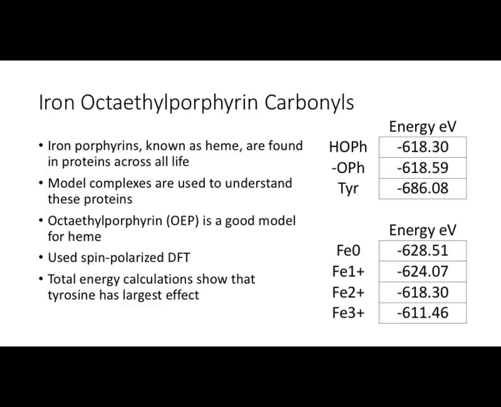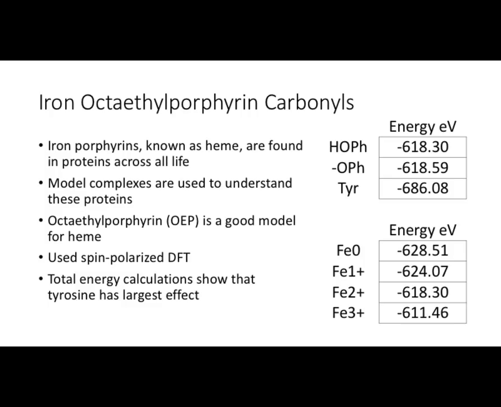Some of these proteins are really big and complex, so we try and use model compounds or model complexes to understand the interactions between the porphyrin and, say, a ligand that's attached to it. And these ligands usually come from the proteins.